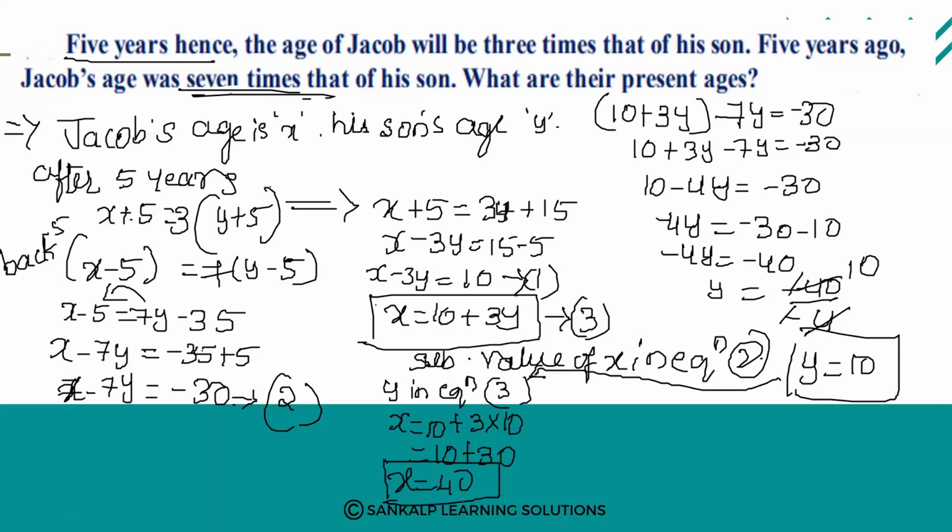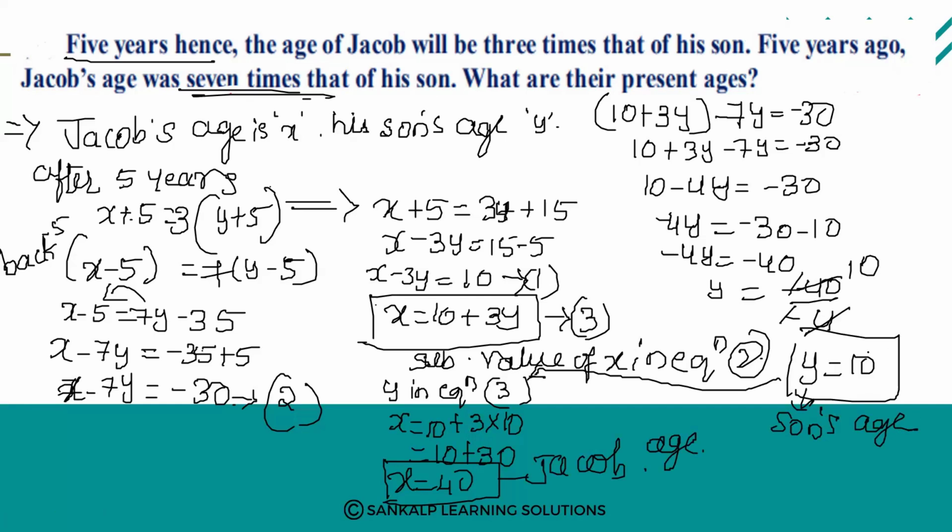What did we consider x as? We considered x as Jacob's age, right? This is Jacob's age and this is son's age. Okay. So here they have given that 5 years hence the age of the Jacob will be 3 times that of his son.